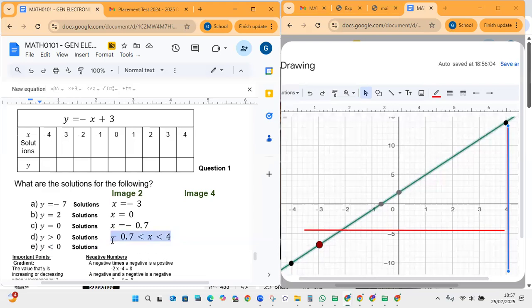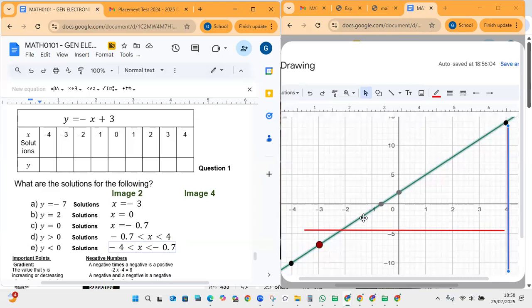So x is less than negative 0.7 and greater than negative 4. So this is the solution for y less than 0, y being negative numbers.